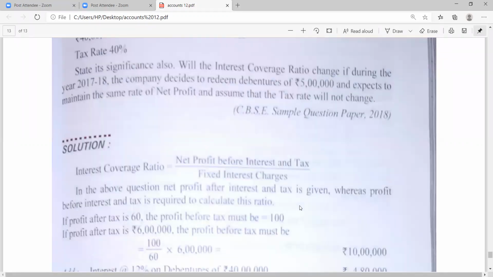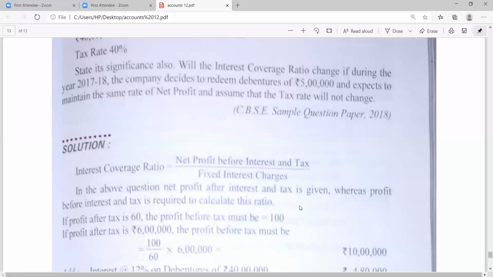In this question, we know the profit after tax is given to us. Let the profit before tax be 100 and the rate of tax be 40%. So 100 minus 40, we get the profit after tax, that is 60.